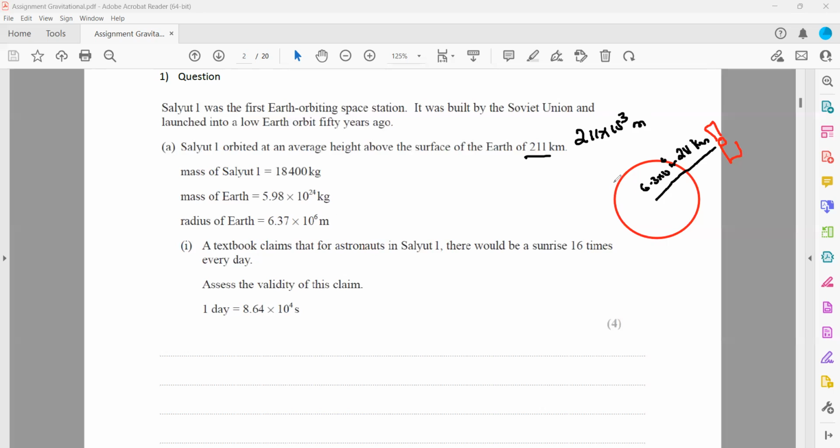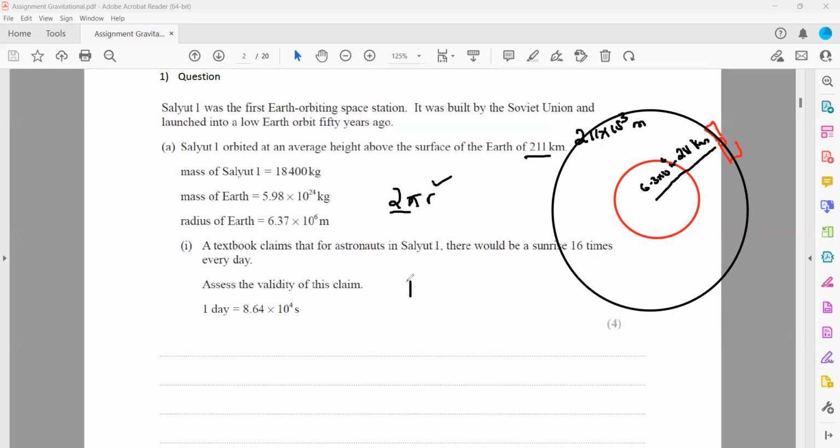Now we have the radius, and what we can do is work out the circumference. How can we work out the circumference? Circumference is equal to 2 pi r. So after knowing the radius, multiply by 2 pi, we get the circumference. After knowing the circumference, we'll find the time period, for one complete revolution, how much time it takes.